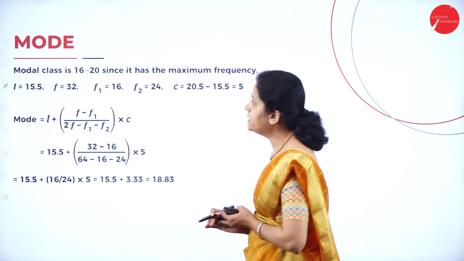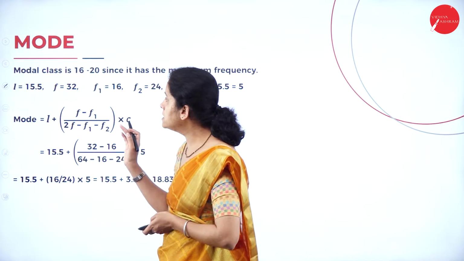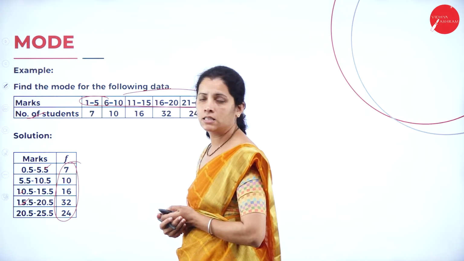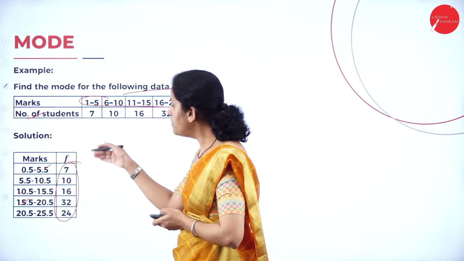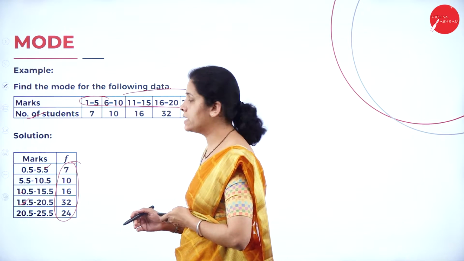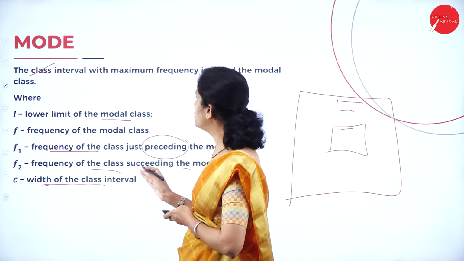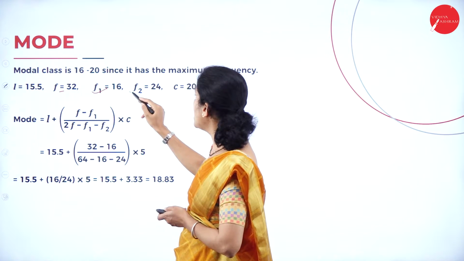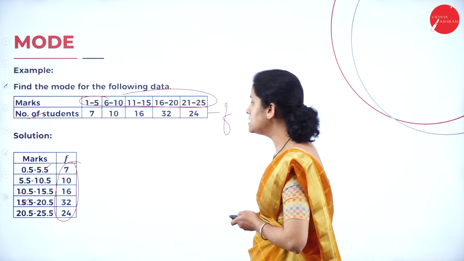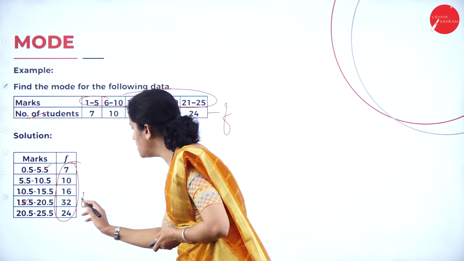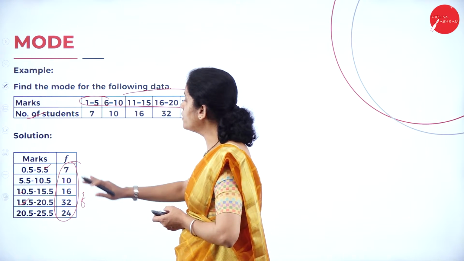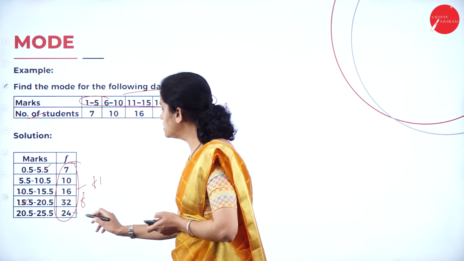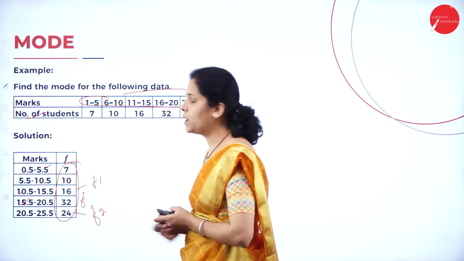Now, dear student, see here, which is my modal class? First I want to write F, F1 and F2. What is F? F is the maximum. And F1 is the preceding one, and this is my succeeding one.